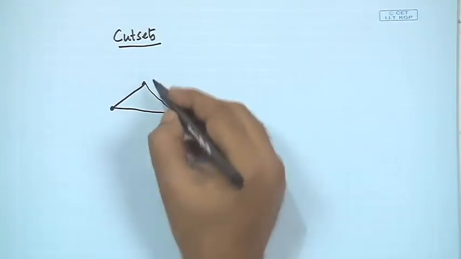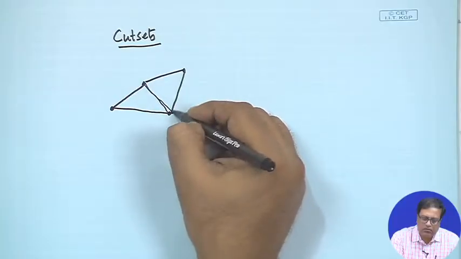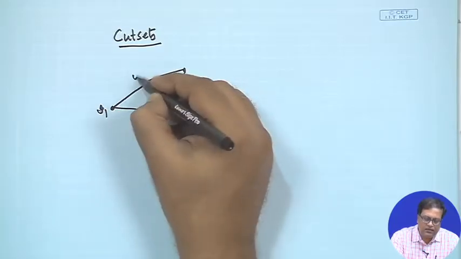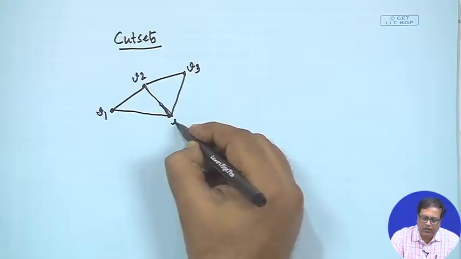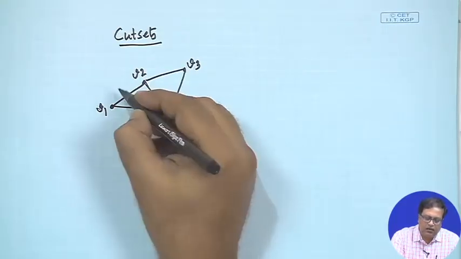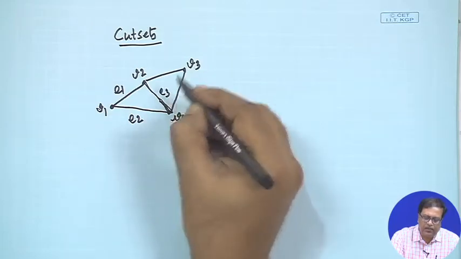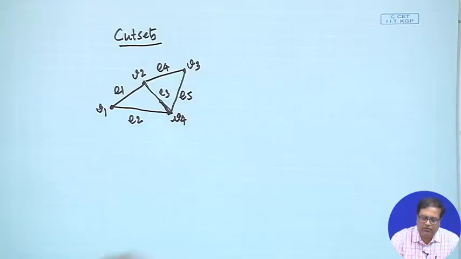Let us say this is a small graph, and it has 4 vertices V1, V2, V3, V4, and there are edges E1, E2, E3, E4, E5.